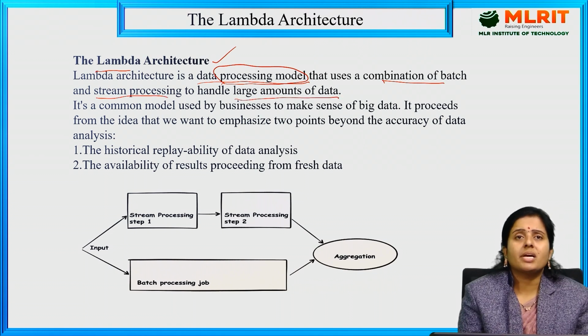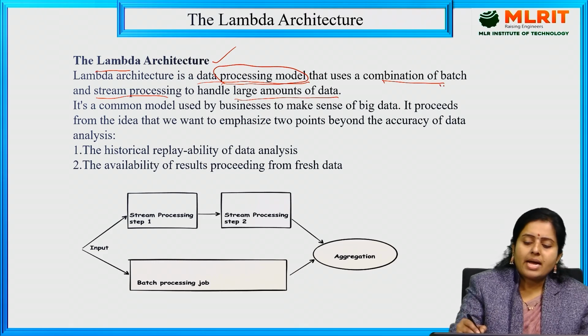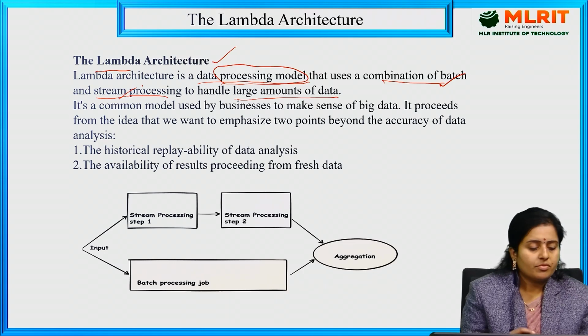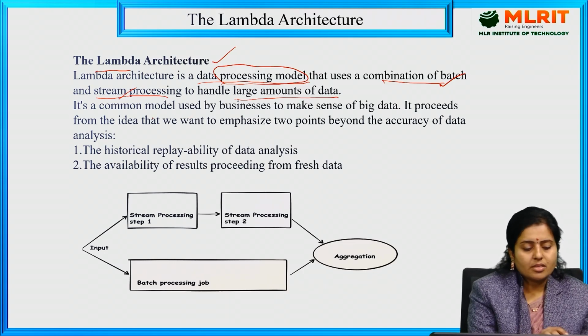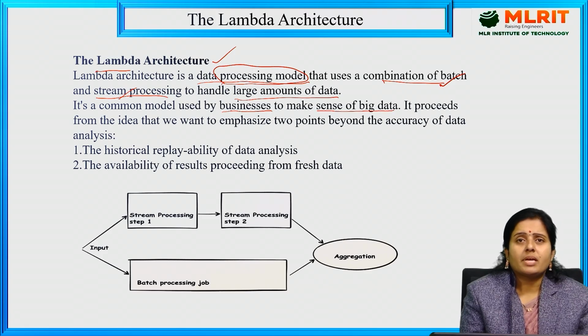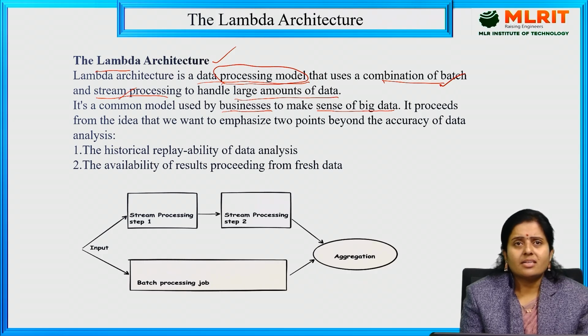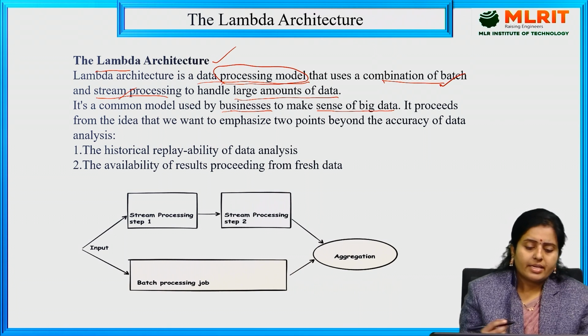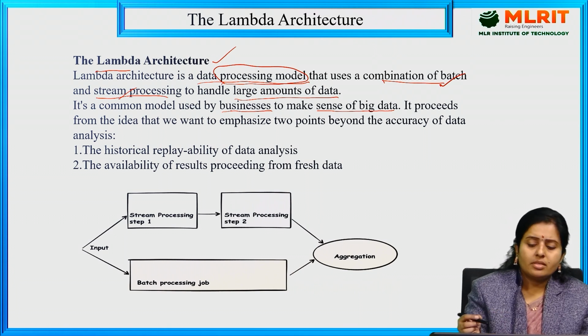It is a common model used by businesses to make sense of big data. It is mostly used for business purposes because most businesses have batch data sets as well as stream data sets, right? So those data are collected via lambda architecture and processed using this processing model.